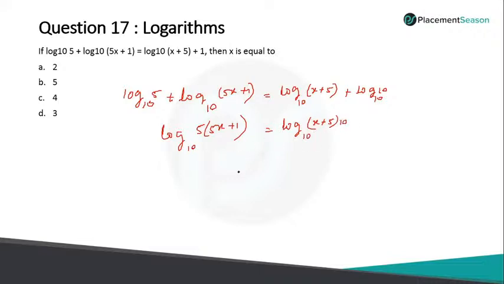When the bases are the same, again equate the arguments. So 25x plus 5 is equal to 50 plus 10x. When I solve this, I'll get x is equal to 3. That's it.